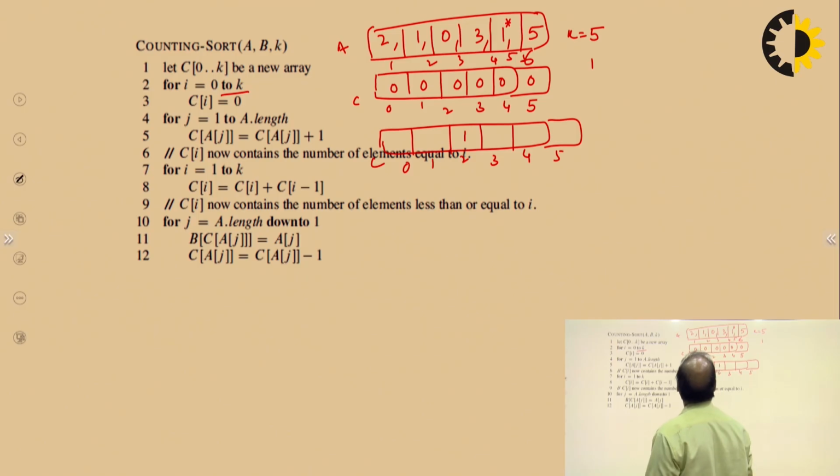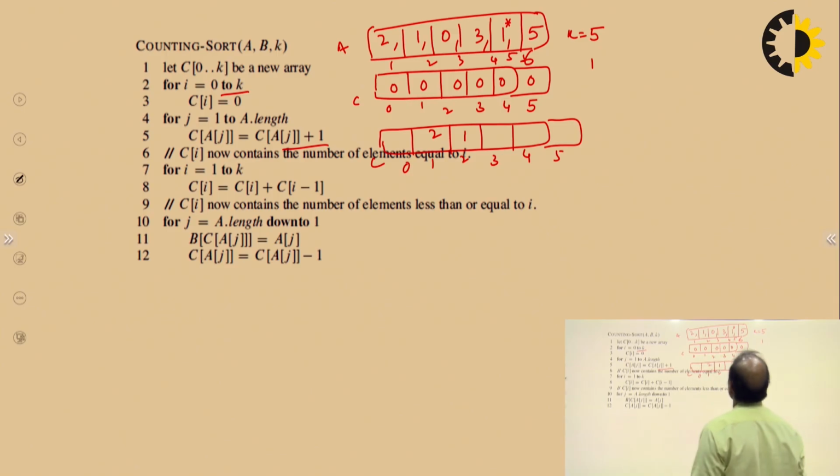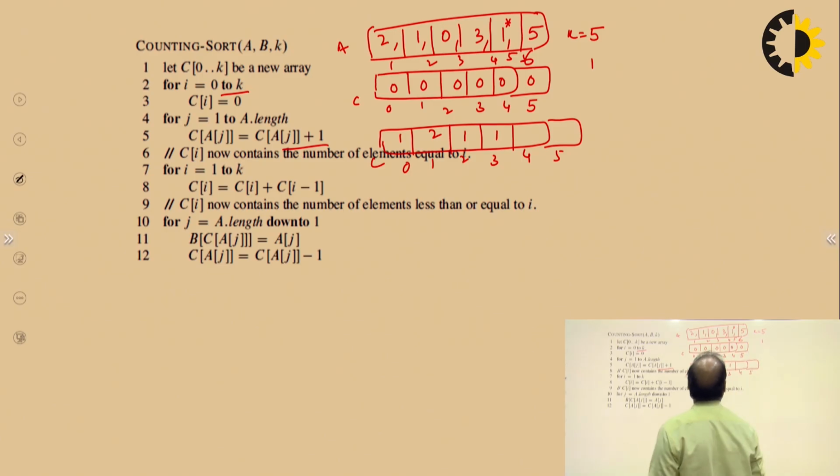It is 1. This is the counting. Count of 1 is going to be 2. Count of 0 is only 1. Count of 3 is only 1. Count of 4 is nothing, 4 is not appearing. And count of 5 is 1. So this is the counting technique, just counting the number of occurrences.